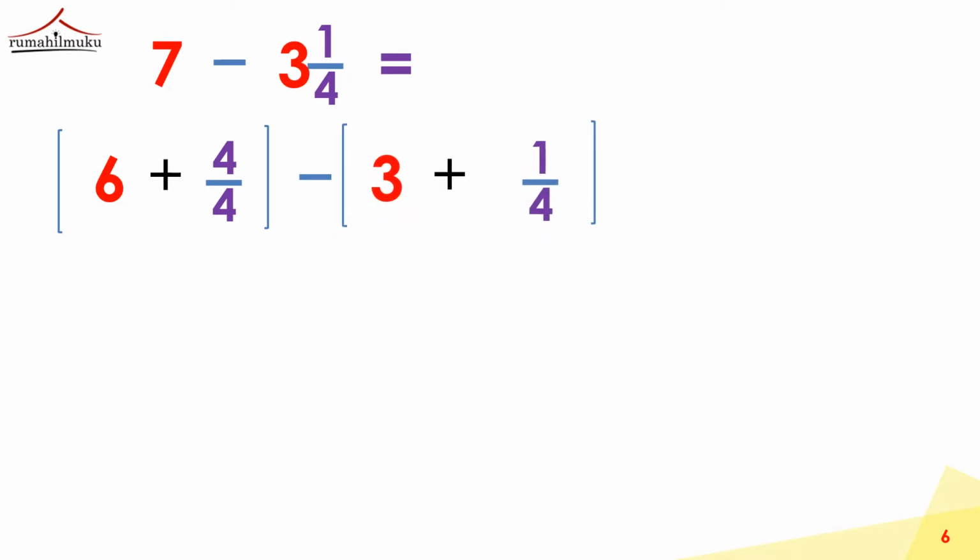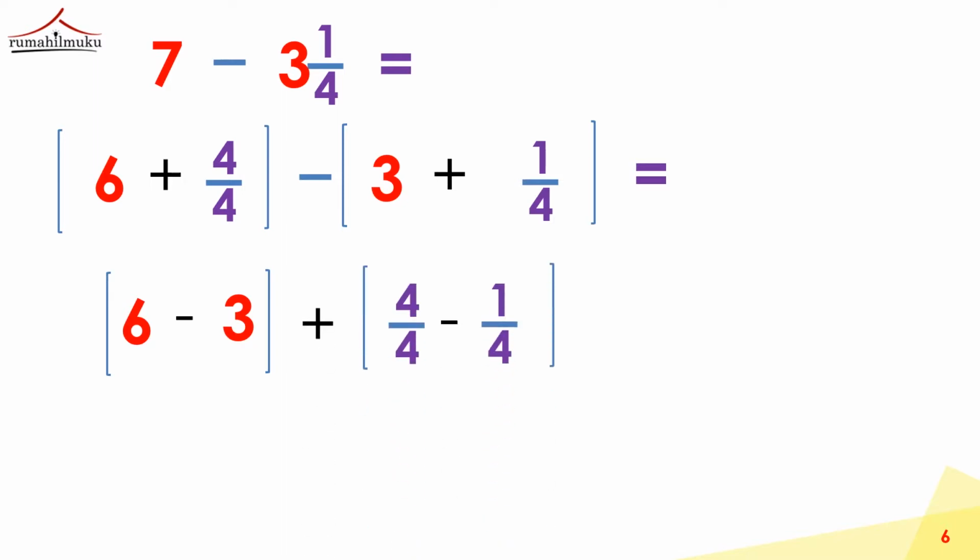So it can become 6 wholes minus 3 wholes plus 4/4 minus 1/4. So 6 minus 3 wholes equals 3, and 4/4 minus 1/4 equals 3/4. So 3 wholes plus 3/4 equals 3 wholes and 3/4.